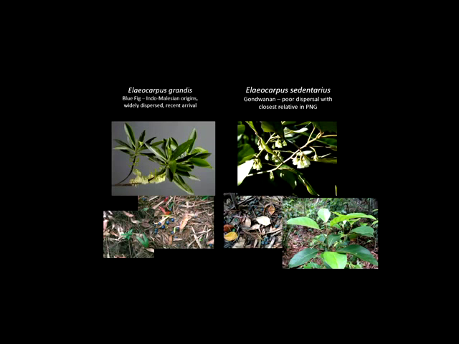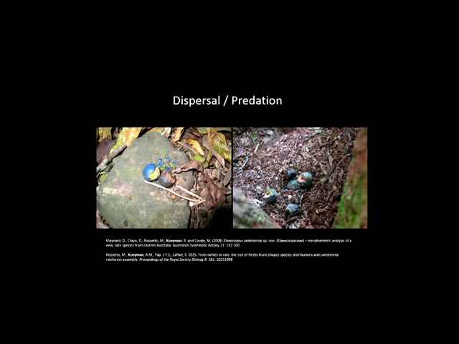And then we've got another species in the same genus, same family, of course, Elaeocarpus sedentarius, which has a similar sized fruit. It looks superficially the same, but when we come to understand what's going on, in one case we've got a fruit with a wonderful reward for the frugivore, and in the other case we've got one with no reward for frugivores, but a nice rich oily seed which attracts predation by rats.